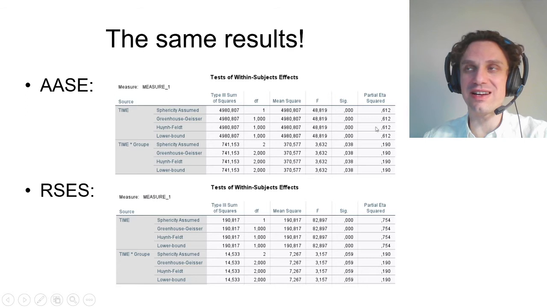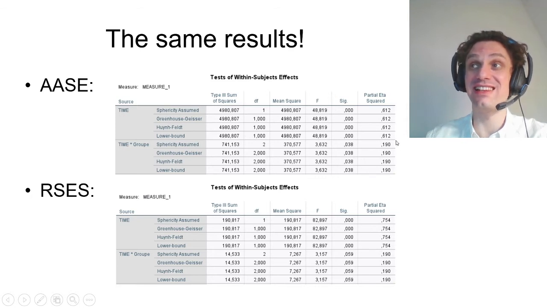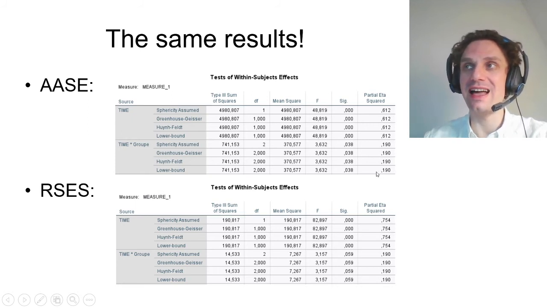The partial eta squared is 0.61, so there is very little error left. And the interaction between time and group is also statistically significant, and the strength of this interaction is like 0.19. So it's a fairly strong effect still.